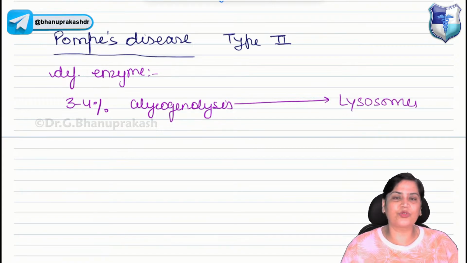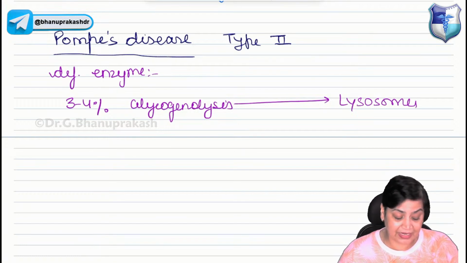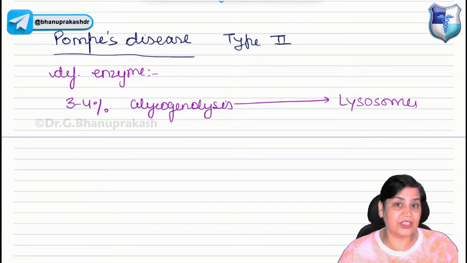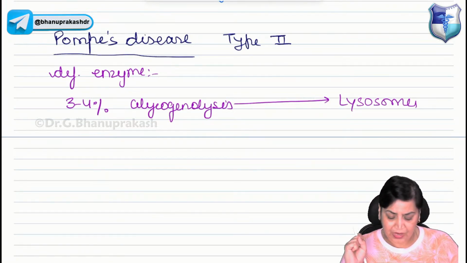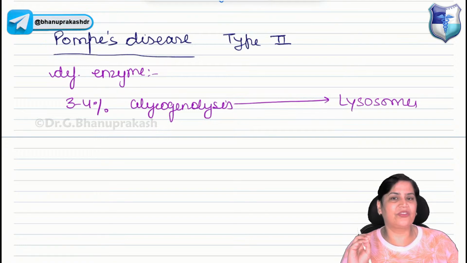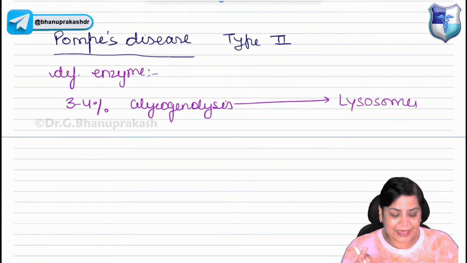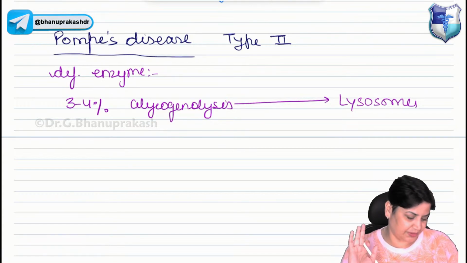We call lysosomes suicidal bags, the ones where digestion occurs, and where proteins are degraded once their functions are over. So they are the degradative organelles also. So glycogenolysis 3 to 4% takes place in the lysosomes. So Pompe's disease is the only lysosomal storage disorder.